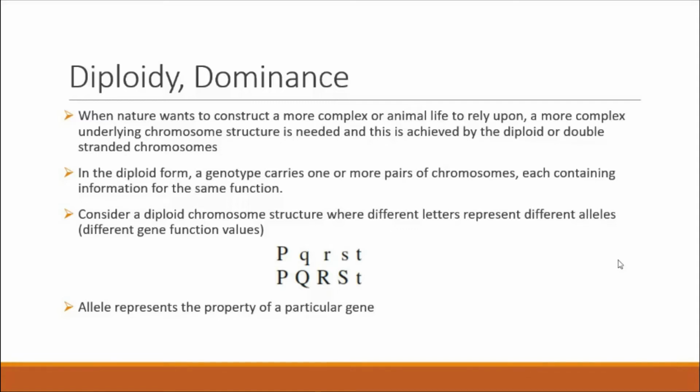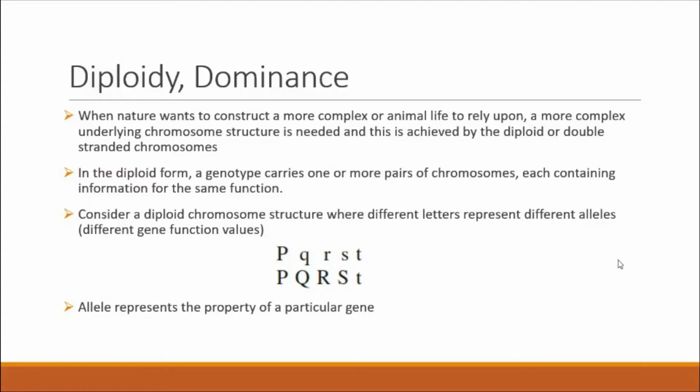Till now, what we have discussed is only the single strand, where the chromosome has only a single string. In the diploid form, a genotype, that is the genetic representation of the thing, carries one or more pairs of chromosomes, each containing information for the same function.